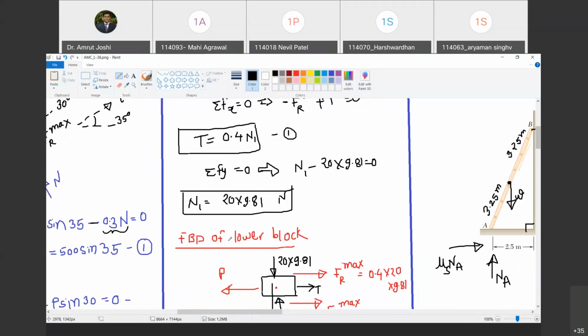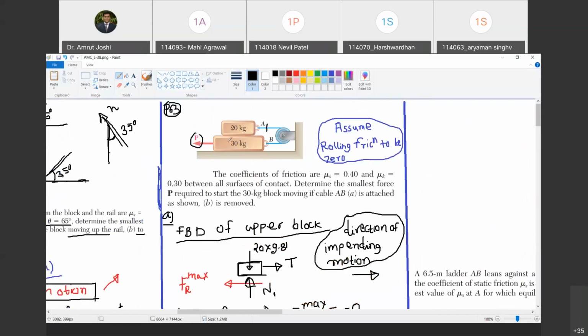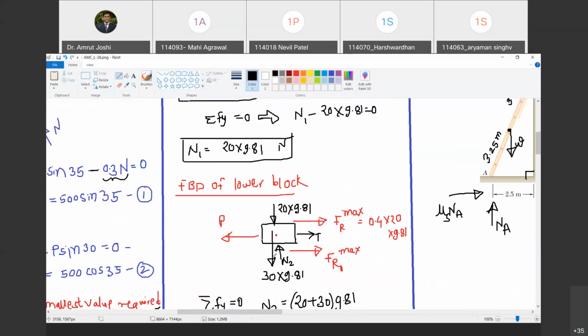Now we are going to draw free body diagram of the lower block. So what are the external forces on the lower block? Is earth external? Of course. So what is the force exerted by earth on this block? 30 into 9.81. Do you agree with me? Yes, sir.